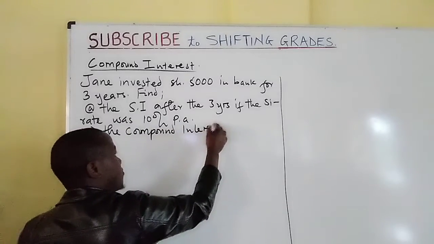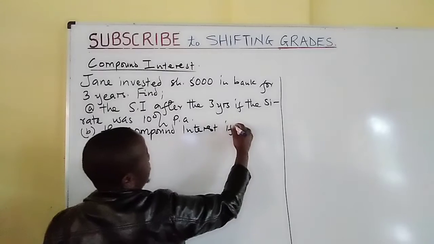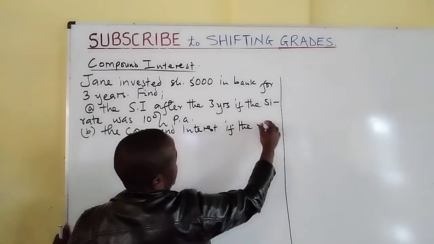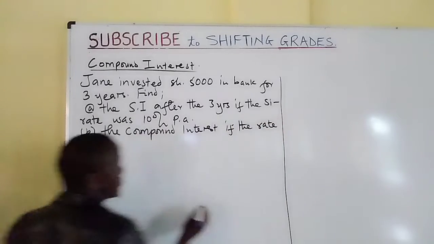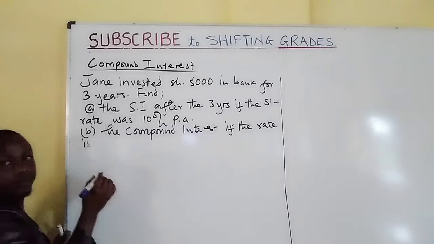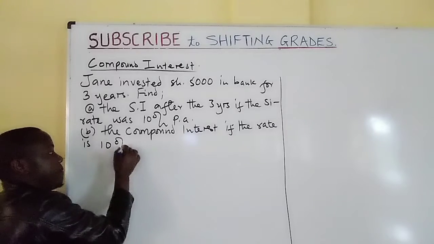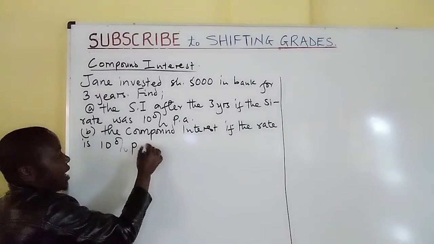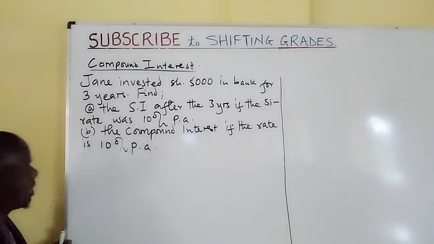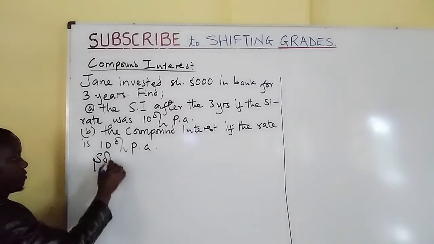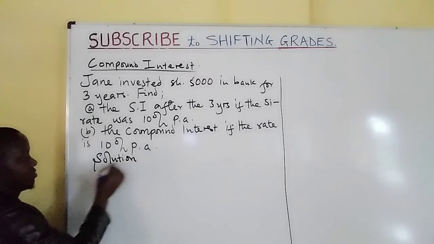And part B of the same, find the compound interest if the compound interest rate is 10% per annum. Solution to this question.